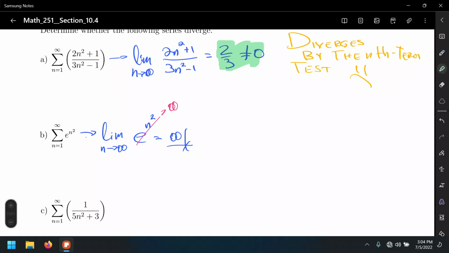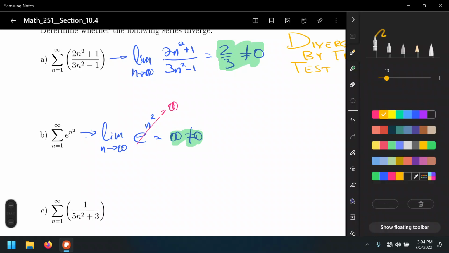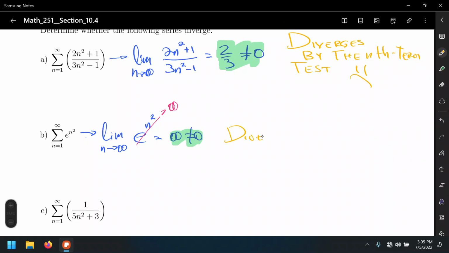For this reason, this is infinity, which for sure is not equal to 0. And in this case, again, diverges by the nth term test.